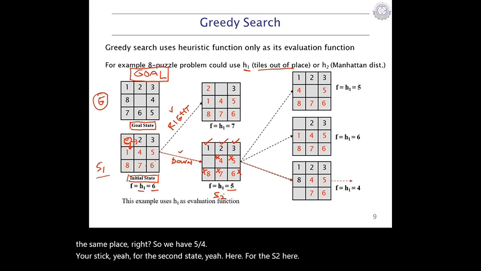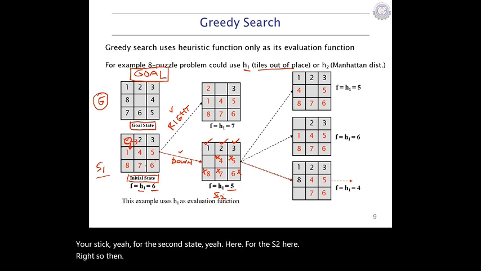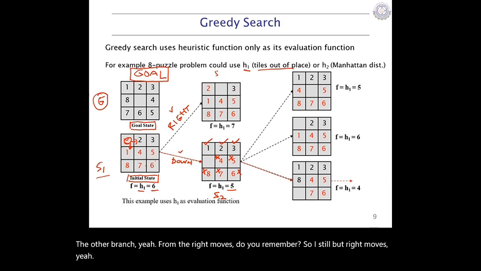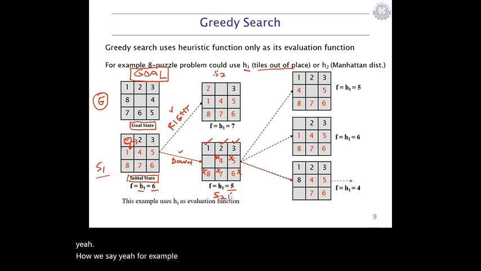So then we go to the other branch, from the right moves. You remember here, S2 but right moves. For example, we say S2A, and this one S2B.